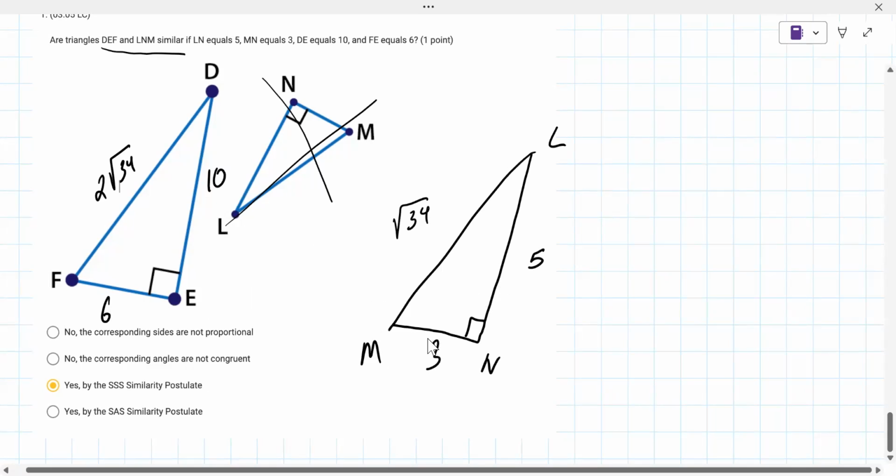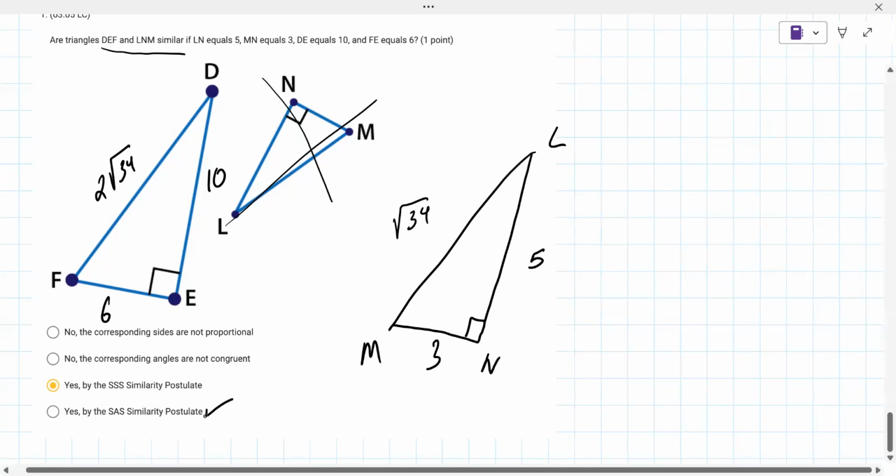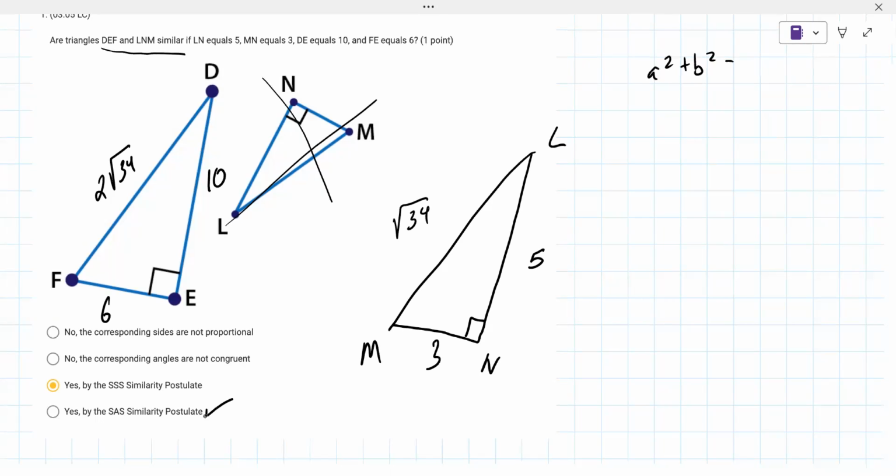But it's a right triangle, you only need... let me double check this. Yeah, I actually think it is SAS, because to get the third side, you don't have the third side, even though you can calculate it using the Pythagorean theorem, which I did.